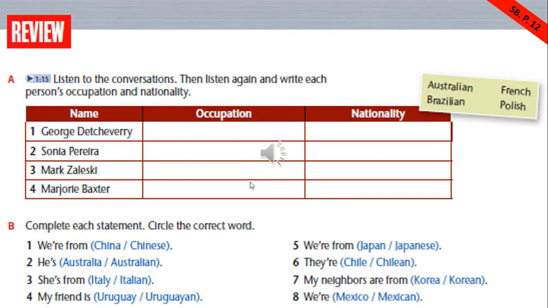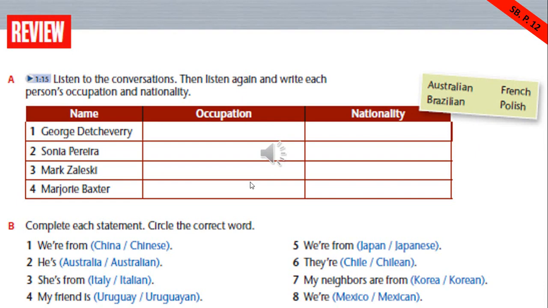Exercise A. Listen to the conversations. Conversation 1. Is that man over there David Egan? No, that's George Decheverry. David's not here today. Who's George Decheverry? He's the new manager. Really? Where's he from? He's from Marseille, in France. Conversation 2. Who's that over there? Her name's Sonia Pereira. What does she do? They say she's an artist. Is she from around here? No, she's from Sao Paulo. Oh, so she's from Brazil. Conversation 3.